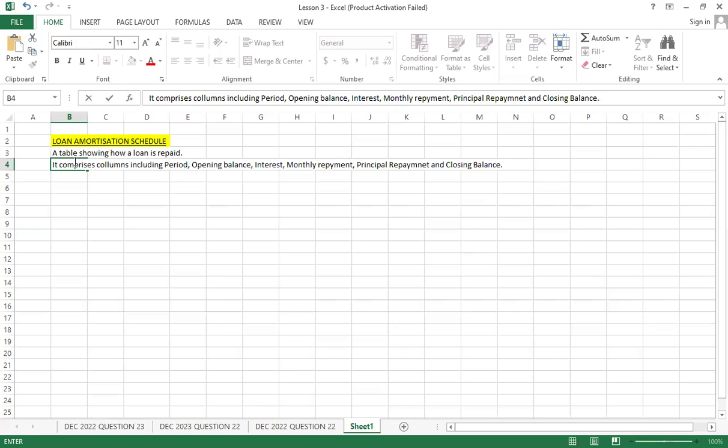As you prepare this schedule, these columns are the focus.